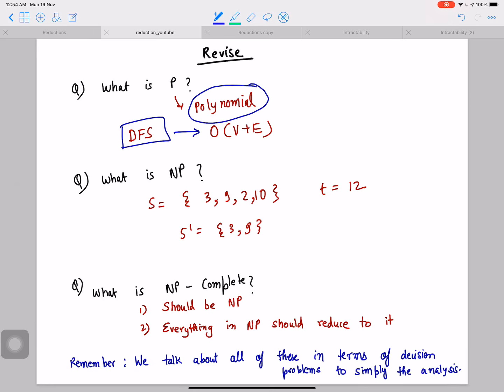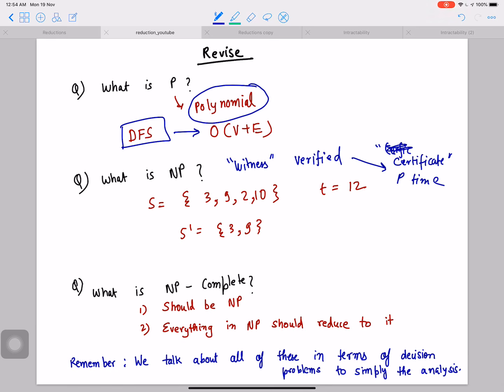Now the next question is, what is NP? NP are those problems whose probable solution, called a witness or a certificate, can be verified in polynomial time.